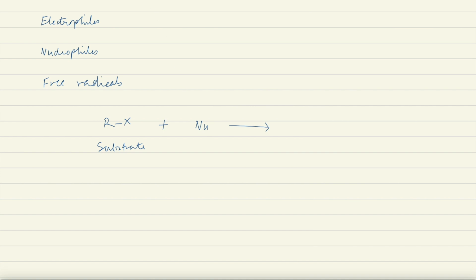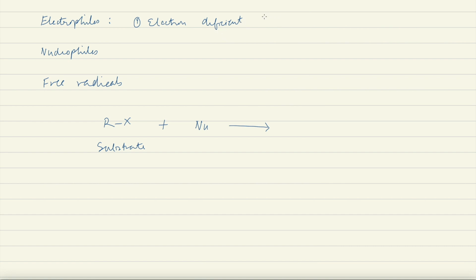So by definition, what are electrophiles? Electrophiles are electron deficient. They lack electrons. That means the reagents have less electron density.